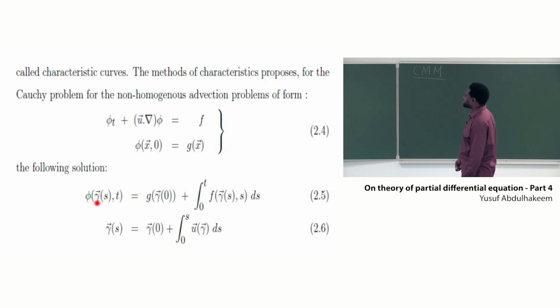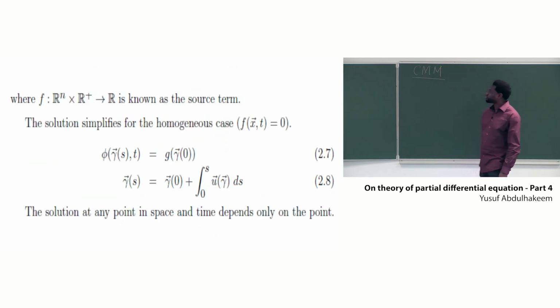But then this arc that appears here is what we use to also obtain it. By the time we obtain the value for this, from here you can see this is where the velocity comes in. So we are going to make use of this to obtain this. And once we are able to get this, then we can plug it into this equation for us to obtain the approximation for this. And this is how this will continue until we are able to obtain the final solution. Of course, f is a function in here and is known as the source term.